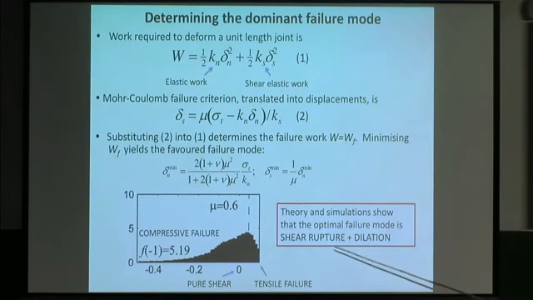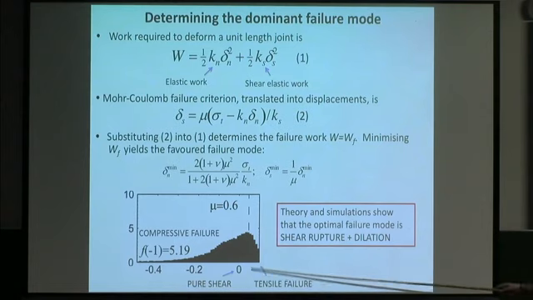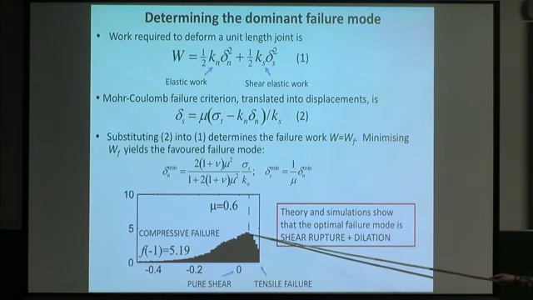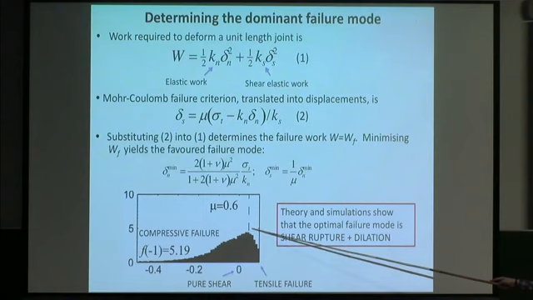So what we have is shear rupture plus some dilation, some opening. That's what we can derive from the minimization of work. And you also see that from the PDF of the failure type from the simulations. This is a rather complicated plot to interpret, but essentially you have a failure regime parameter on the horizontal axis, and the fact we have a peak here corresponds to this failure mode. So the theory, such as it is, and the simulations match up.